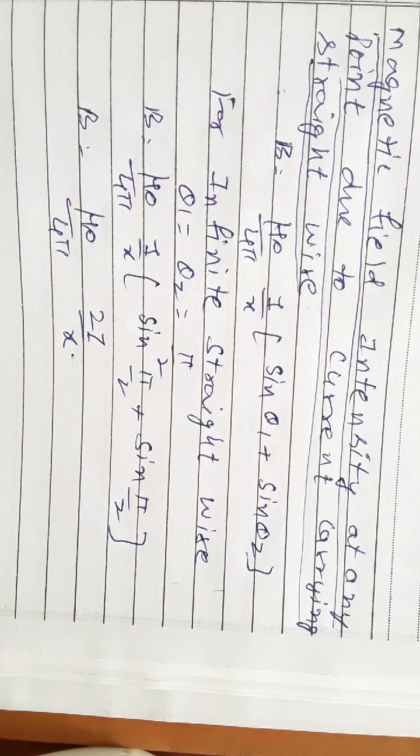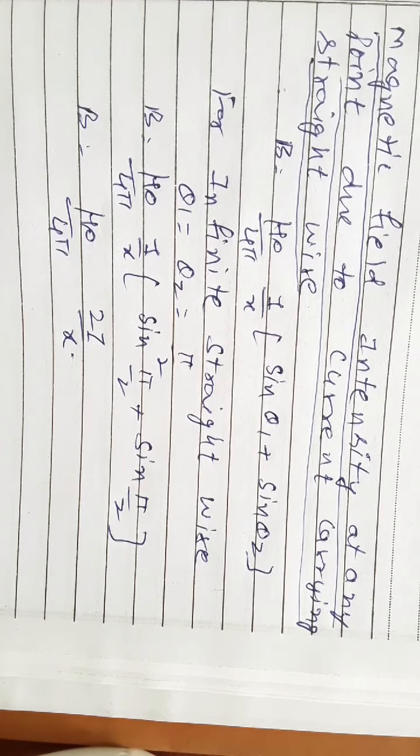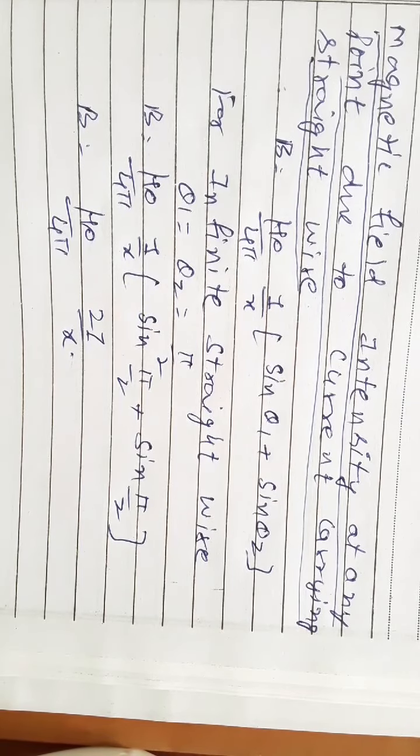Now, in the Biot-Savart's law, we can calculate the magnetic field intensity at any point on the axis due to a current carrying circular wire. In the next application, we can find the magnetic field intensity at the center of the current carrying circular wire. And using Biot-Savart's law, we can find the magnetic field intensity at any point due to a current carrying straight wire or infinite straight wire.